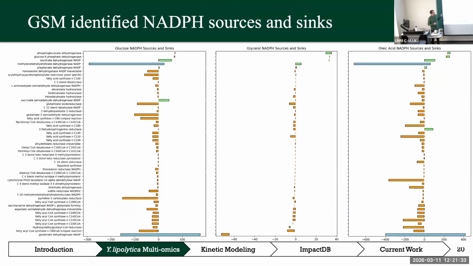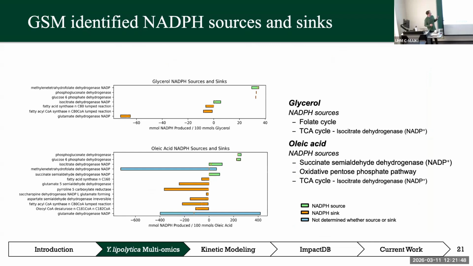We wanted to use this information to get back to the NADPH sources and sinks. And okay, what are the key ones? We see that in general, a lot of them are right around 0, so pretty low reaction rates. But taking a closer look at glycerol and oleic acid, we see that the NADPH is primarily from these two pentose phosphate pathway reactions, but also a little bit from the TCA cycle, like I said, about 20%.